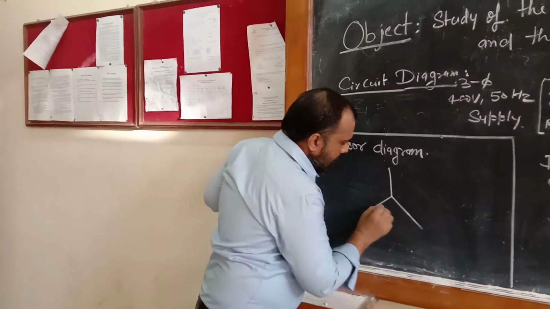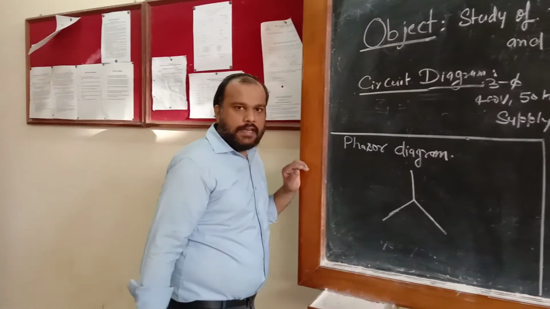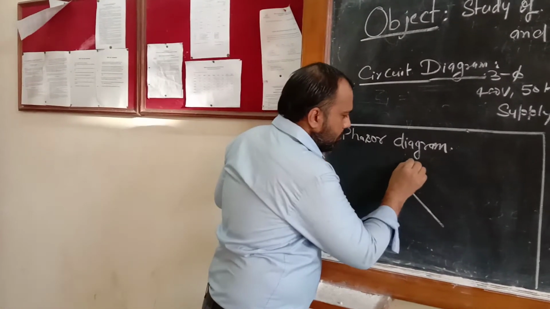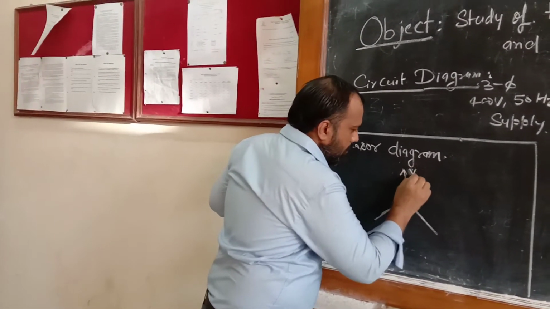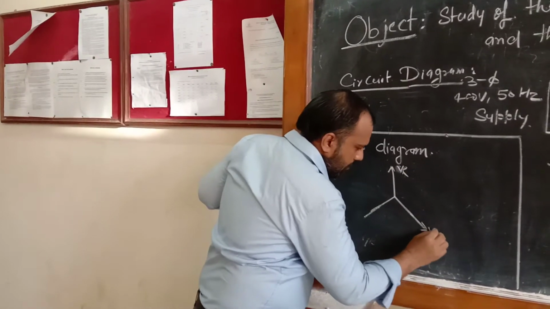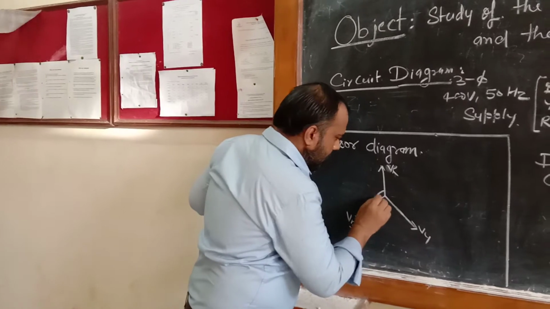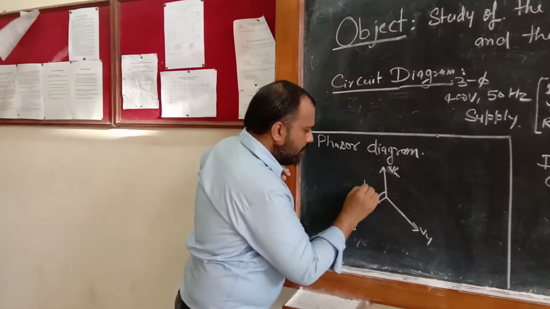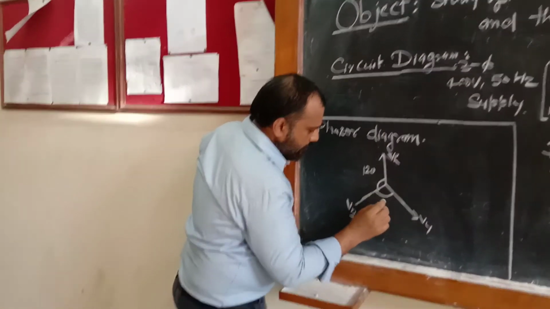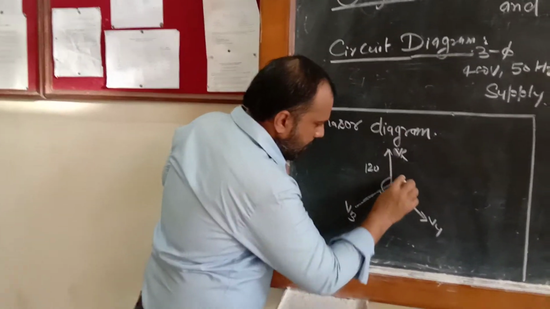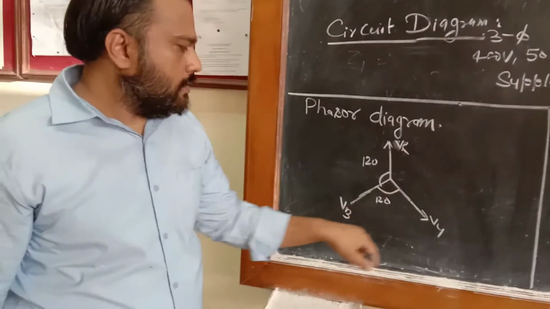So this is VR, Vy, and Vb. The angle between VR and Vy is 120, between Vy and Vb is 120, and again between these two is also 120.